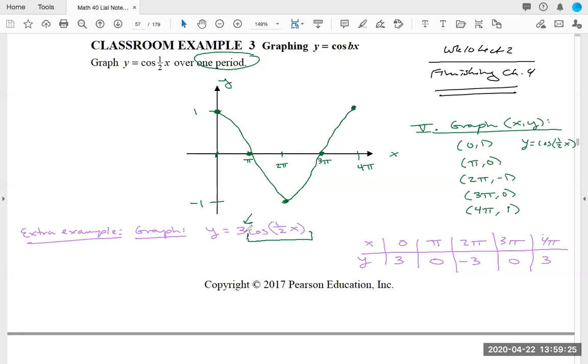So that amplitude essentially amplifies your graph. I wish I had done a little bit better here in terms of scaling. Let me go ahead and save this, and then I'll just draw this part again.